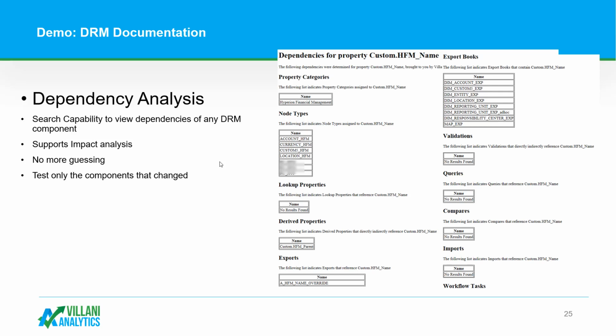You don't have to guess if you're going to make changes. You don't have to say I'm only going to test the things I think are impacted. You can run this utility, see everything that is impacted, and make sure that you're testing the right pieces.